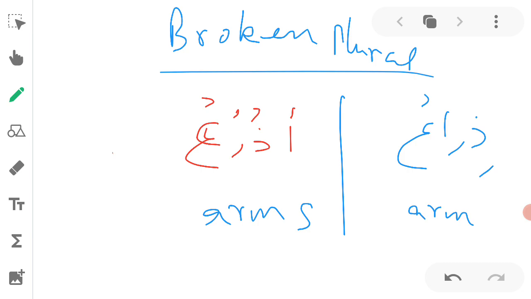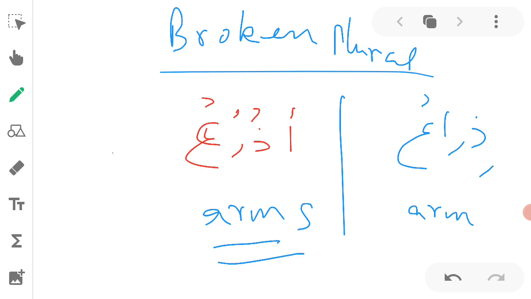Now it is a simple plural because adhru' signifies more than 2 arms, and it also has a singular from its own word, and the only difference between them is not ta tanis or ya nisba, so they are normal simple plurals.